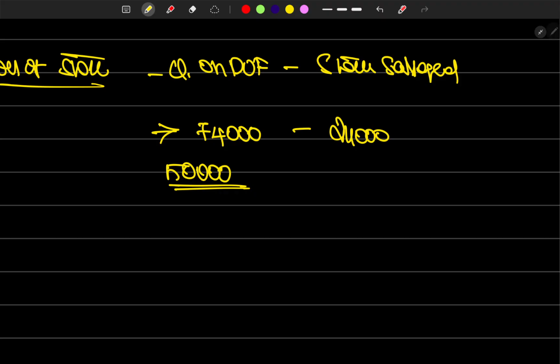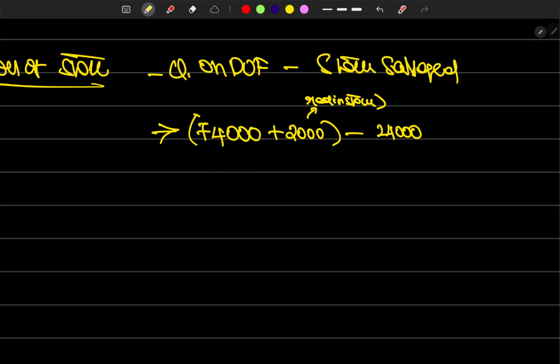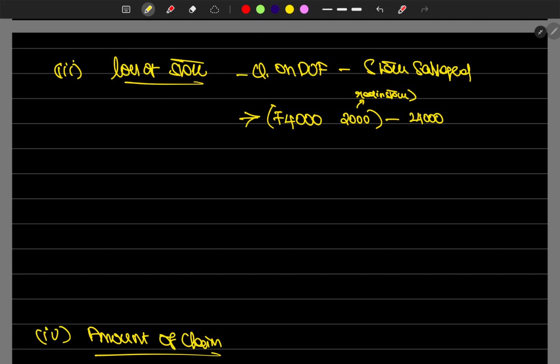So 74,000 is the closing stock on the date of fire, right? Plus 2,000, which is the reduction in stock, minus stock salvaged, which is 24,000. So it comes to, guys, this is the reduction in stock, no? So we have to reduce this amount to the closing stock on date of fire.